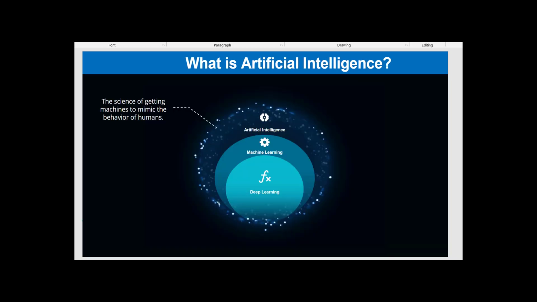In artificial intelligence, we'll see what machine learning and deep learning are. Machine learning is a part of artificial intelligence. Deep learning is a part of machine learning. So overall, deep learning and machine learning are part of artificial intelligence. The problems we are facing in machine learning, we can fulfill by deep learning.